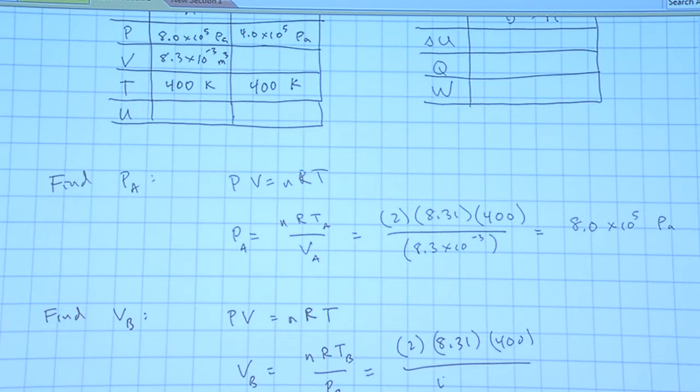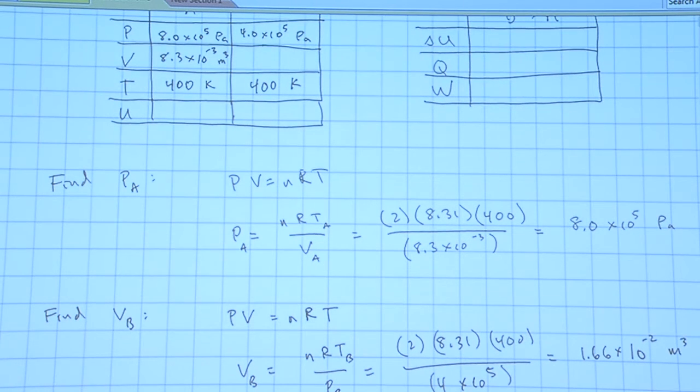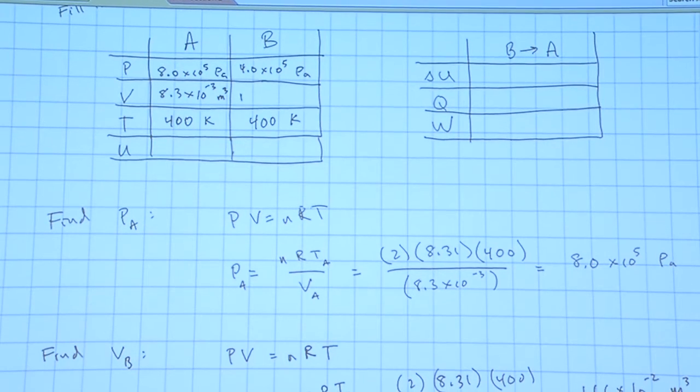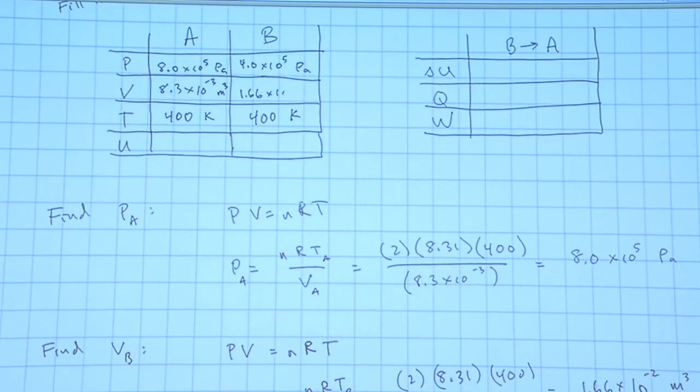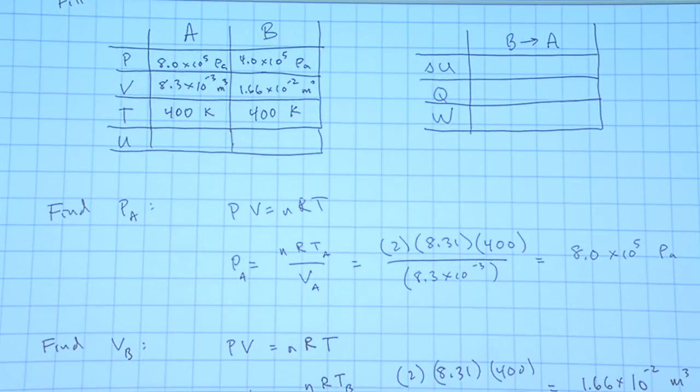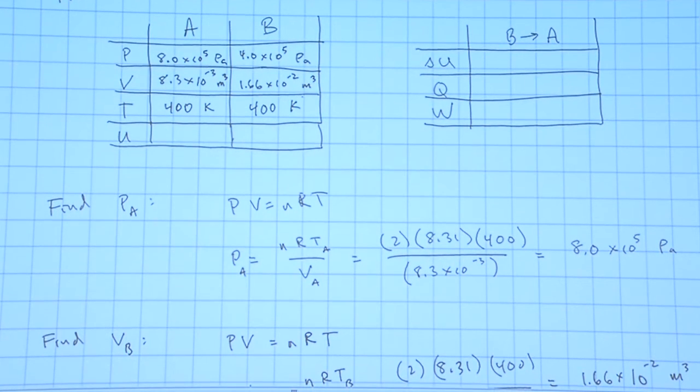And the pressure was 4 times 10 to the 5th. So I get 1.66 times 10 to the minus 2 cubic meters. So I've got most of my information filled in for the states.